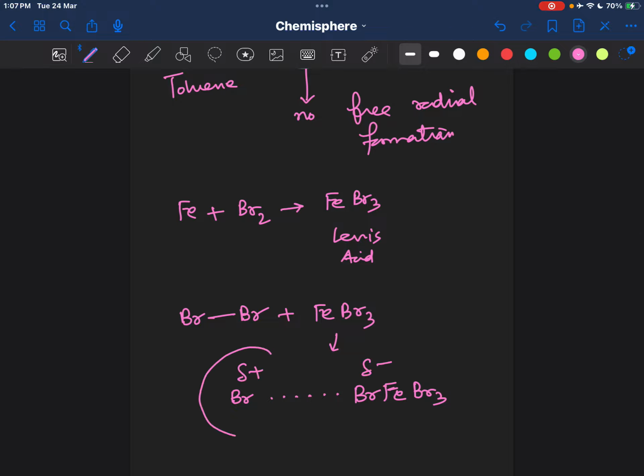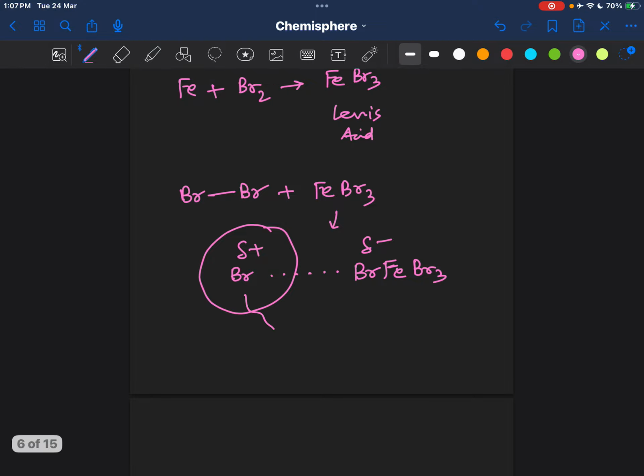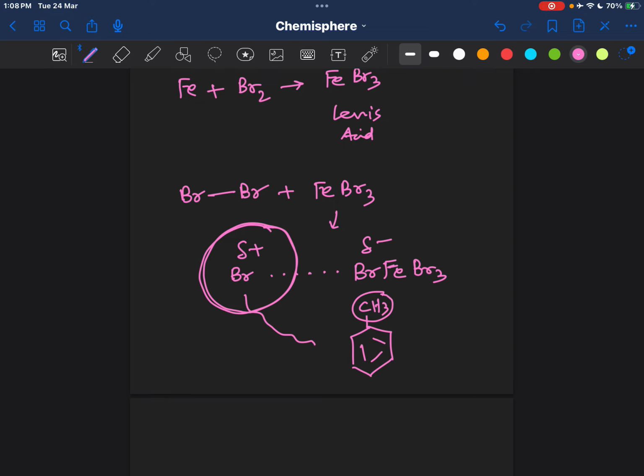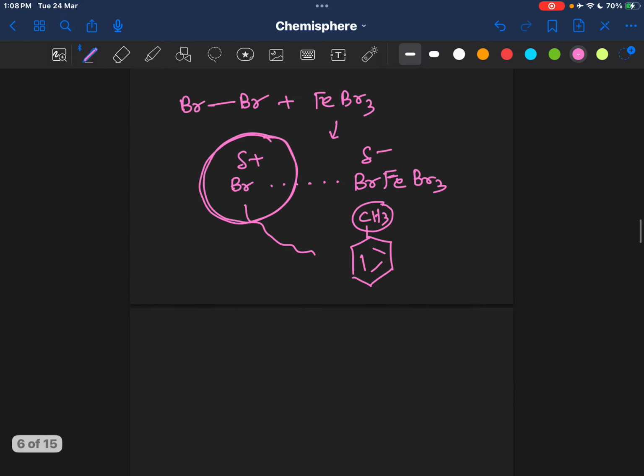Can you see this part of the Br has a positive charge now? Now this part of Br can go and attack our toluene. Why? Because this has positive charge and this has loads of pi electrons. So it is attracted towards the aromatic toluene. Now, can you see the presence of an electron donating CH3 group? It is an alkyl group, and alkyl groups are electron donating groups, and electron donating groups are OP directing.